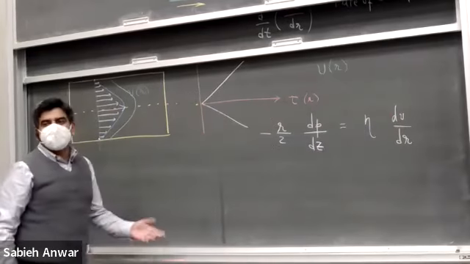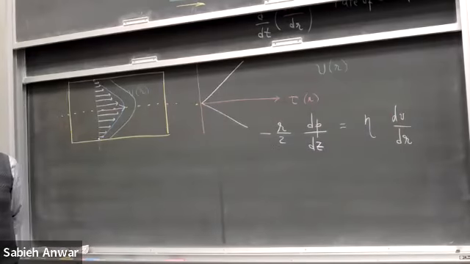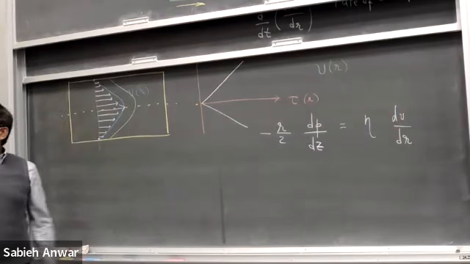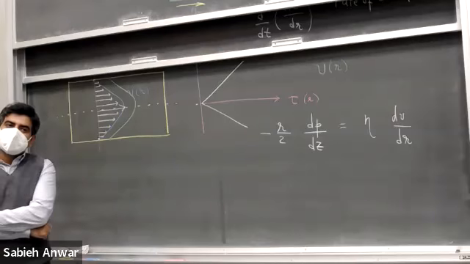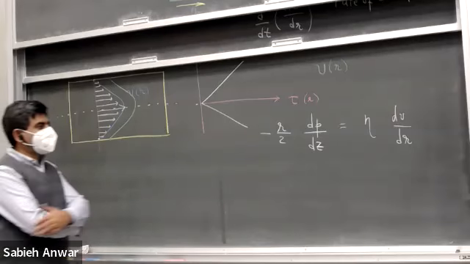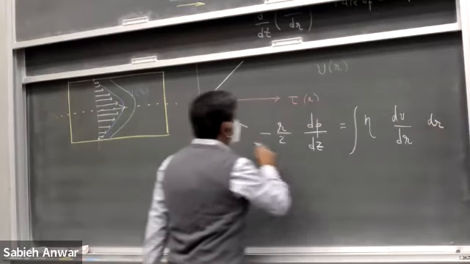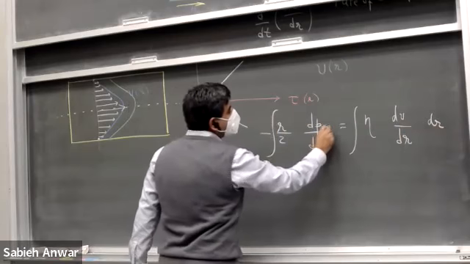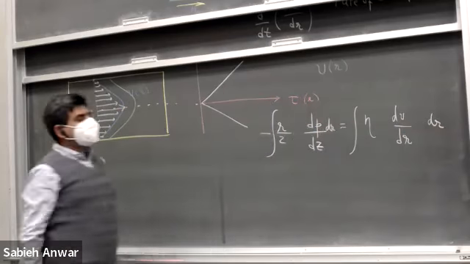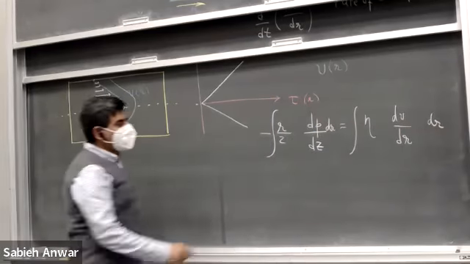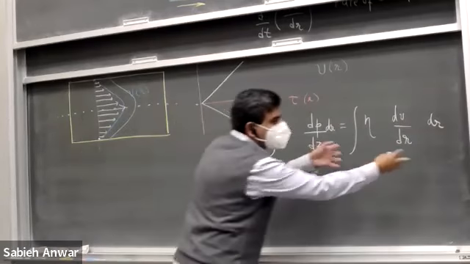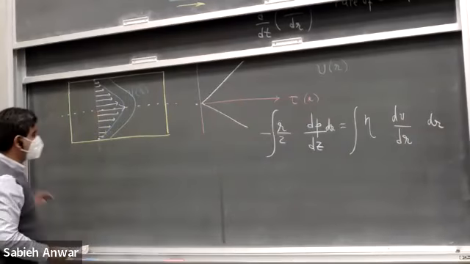Now solving this is peanuts. You would like to integrate both sides with respect to what? Integrate this with respect to r. Integrate this with respect to r. So I'm just going to make the right hand side the left hand side.